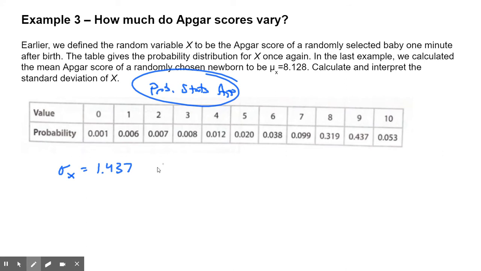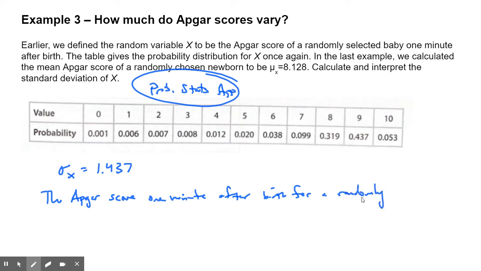Okay. So we're going to say the APGAR score 1 minute after birth for a randomly chosen newborn.